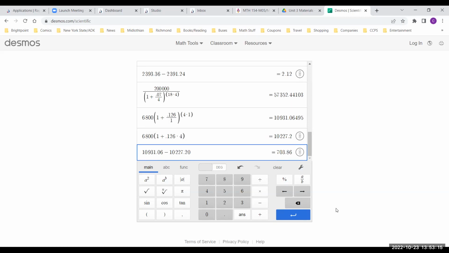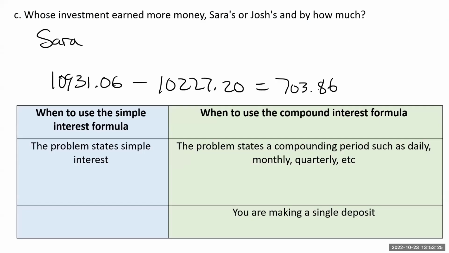Wow, that's a lot. She made $703.86 more. That's a lot of money. That's about 600 items at the Dollar Tree, you know. Okay, so there you go.